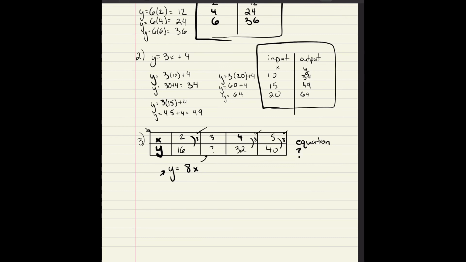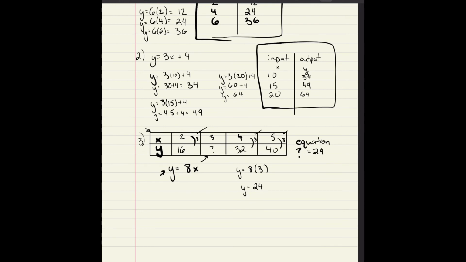So now let's solve for our missing value. So we have y equals, and I plug in my input, and 8 times 3 is 24. So question mark equals 24.